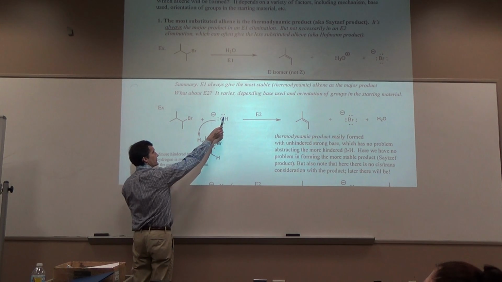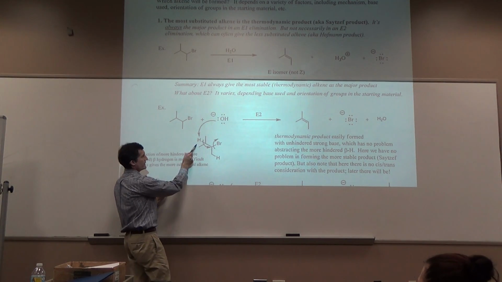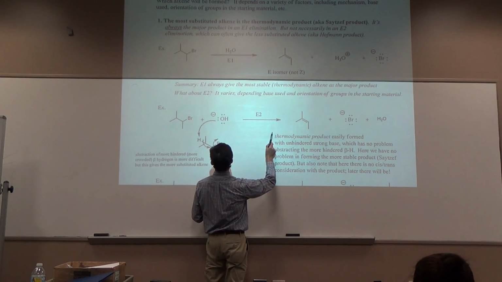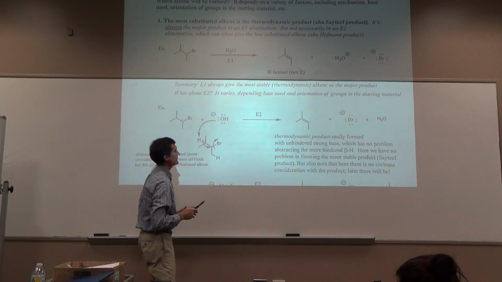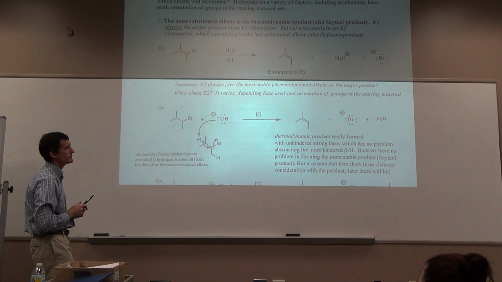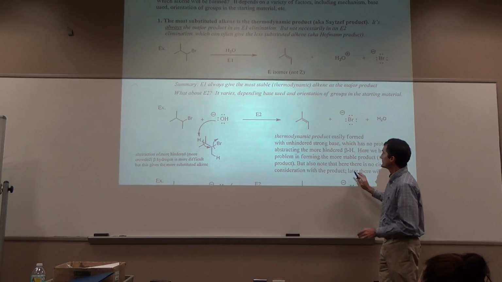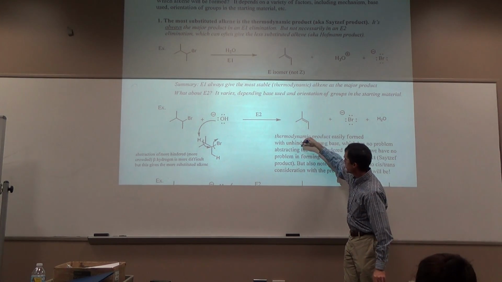Okay, E2, we're going to need a strong base, so I'm using hydroxide here. If I extract this H, that leads to this product, which is the Zaitsev product. It's easily formed with an unhindered strong base. Unhindered is important.